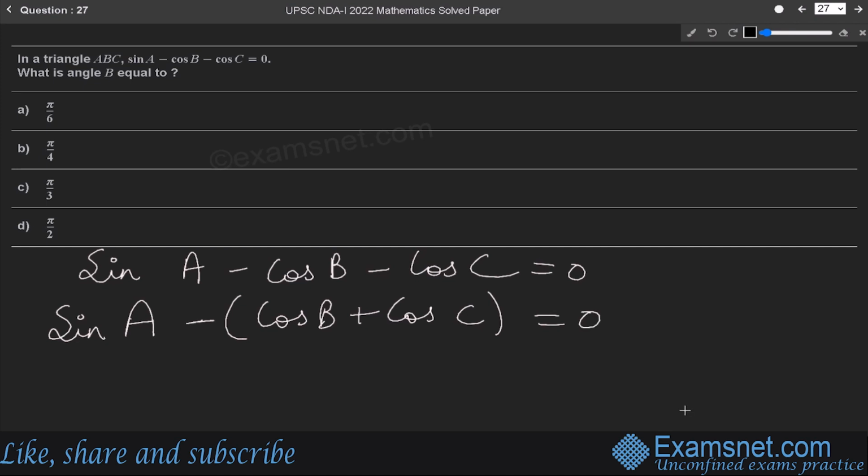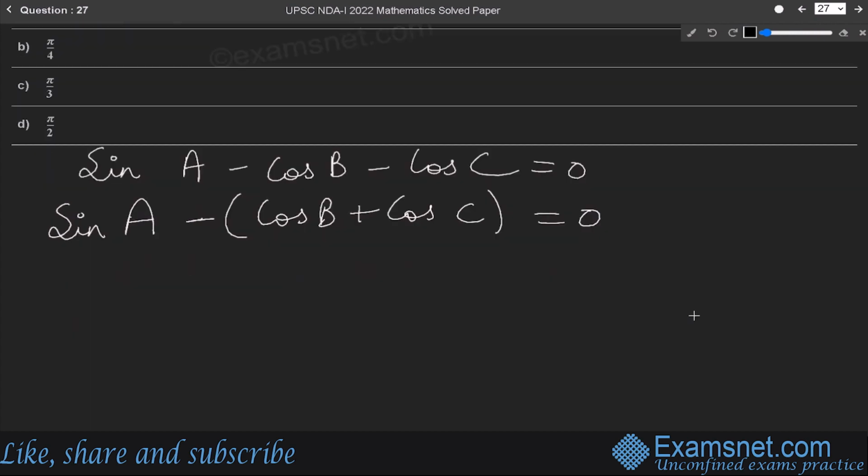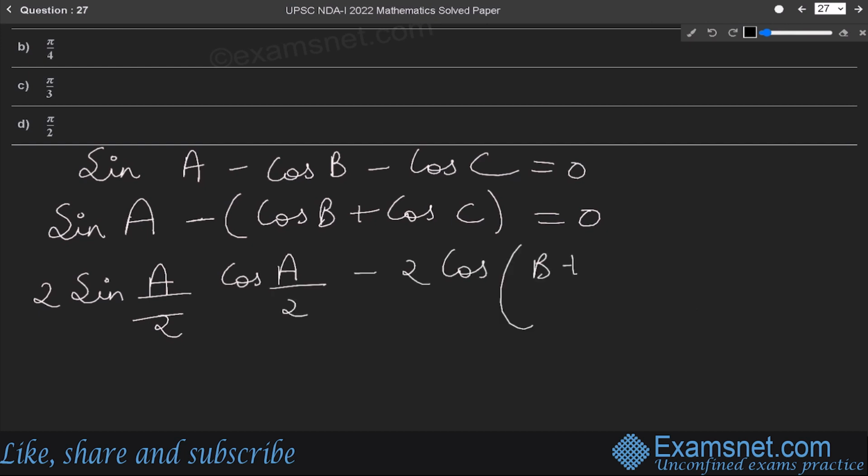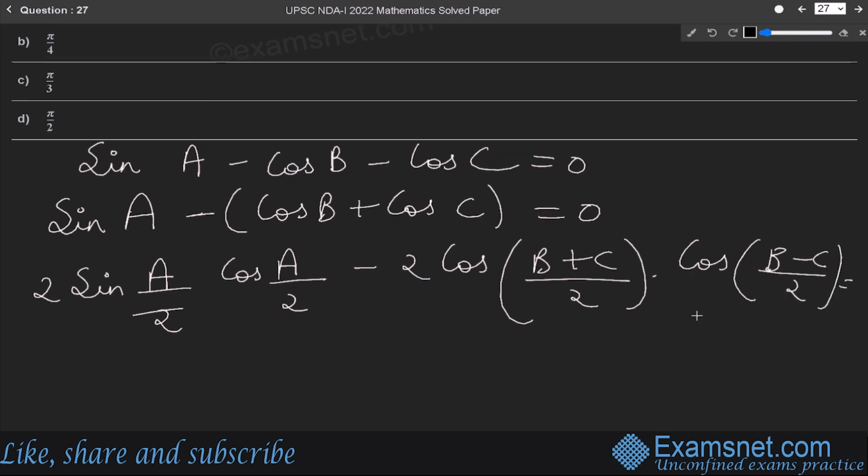What we have done in this step is we have taken the minus common from cos B and cos C. Now further putting the formula of half angle, we get 2 sin A by 2 cos A by 2 minus 2 cos (B plus C) by 2 into cos (B minus C) by 2 is equal to 0. I hope it is clear. We have just put the formula of half angle and we got this term.